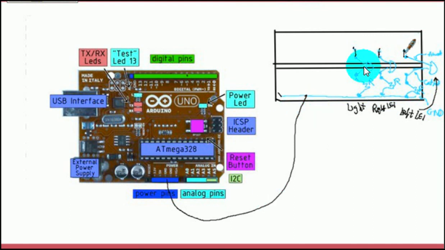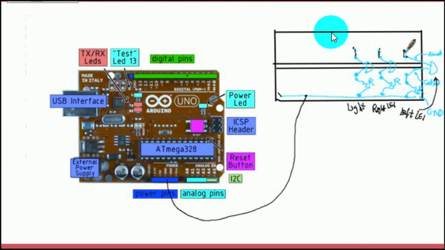I need to connect the anode, the long lead of the LED. Let's assume this is the LED for the interior light, this is the LED for the right LED, and this is the LED for the left LED.